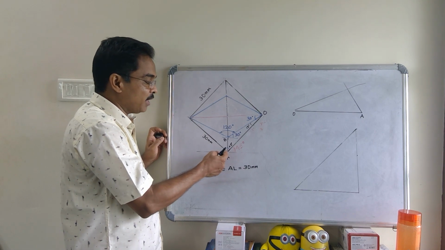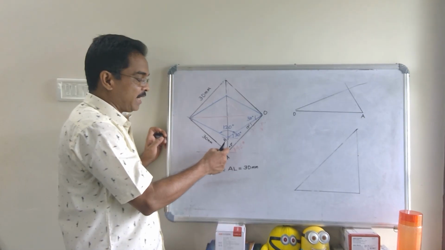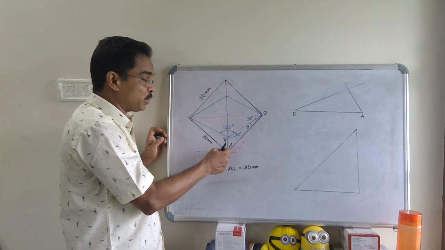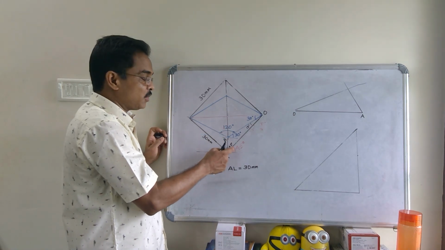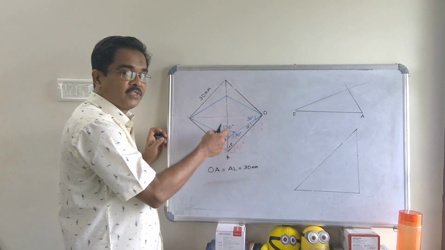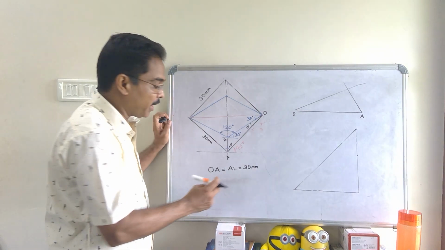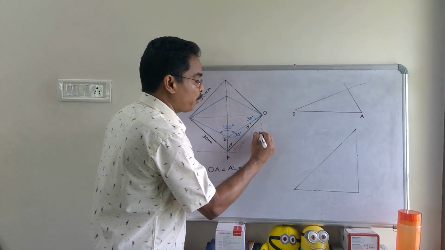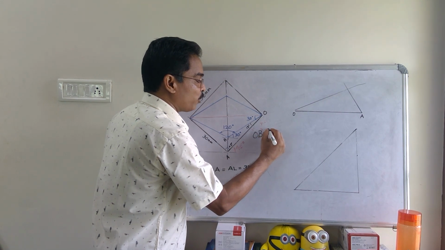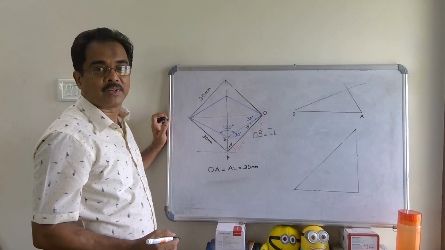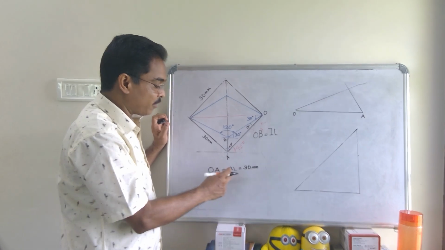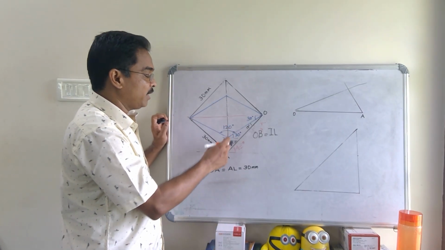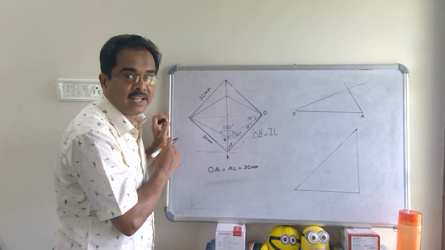How does it happen? Because we have changed this angle from 90 to 120 degrees, so the side measurements get reduced. OA, the actual length, is equal to 30 millimeters. OB is its isometric length. Why is it less than the actual length? Due to the change in angle.